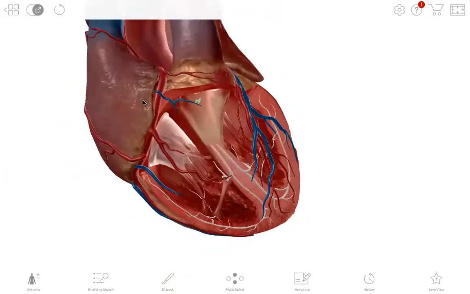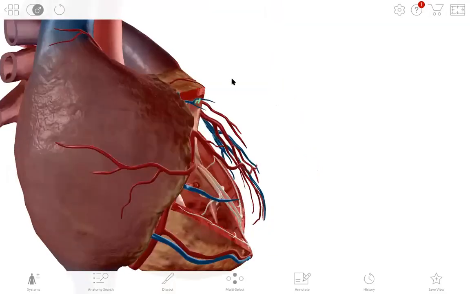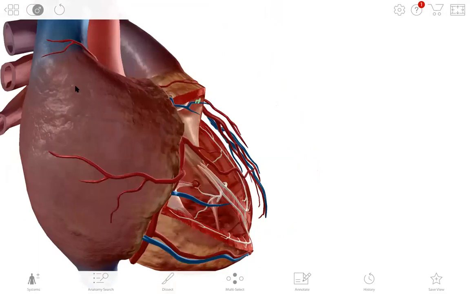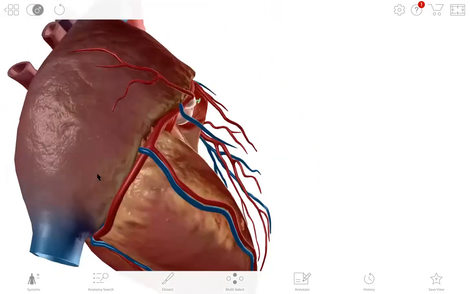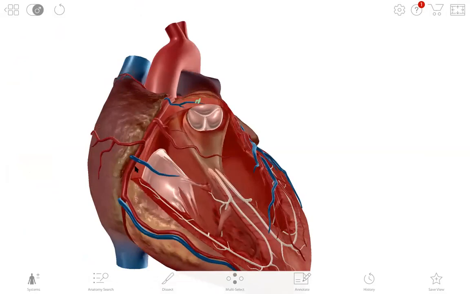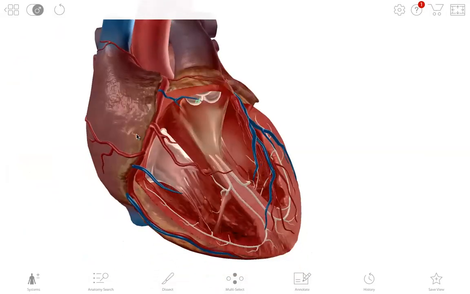The openings in the right atrium are the superior vena cava above and the inferior vena cava below, and an opening for the coronary sinus near the inferior vena cava. What is the coronary sinus? The veins of the heart, the blue ones you see, ultimately drain into the coronary sinus. Between the two atria above and the two ventricles below, there is a groove called the atrioventricular groove.